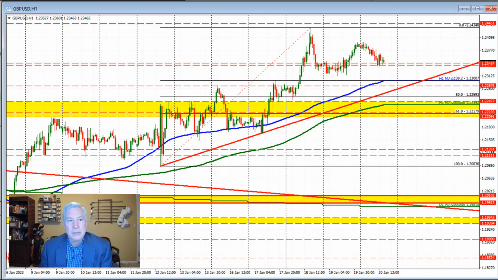Let's go to the hourly chart here, and we'll remember the 123 level. Yeah, we can remember it because why? Because it's the 38.2% retracement and also the 100-hour moving average. So 50% on the daily chart, 38.2% retracement on the hourly chart, and the 100-hour moving average on the hourly chart all come in at the 123 level, this level right here. And so that is going to be a key level going forward for this currency pair.